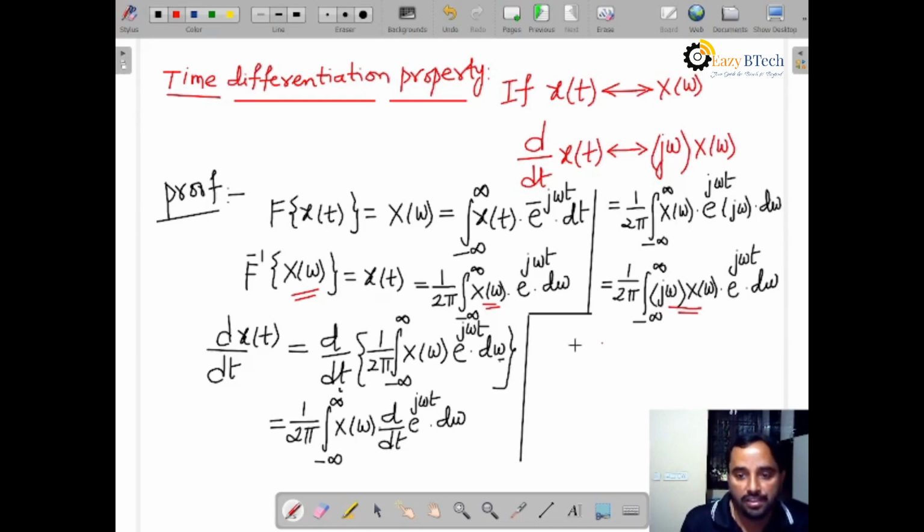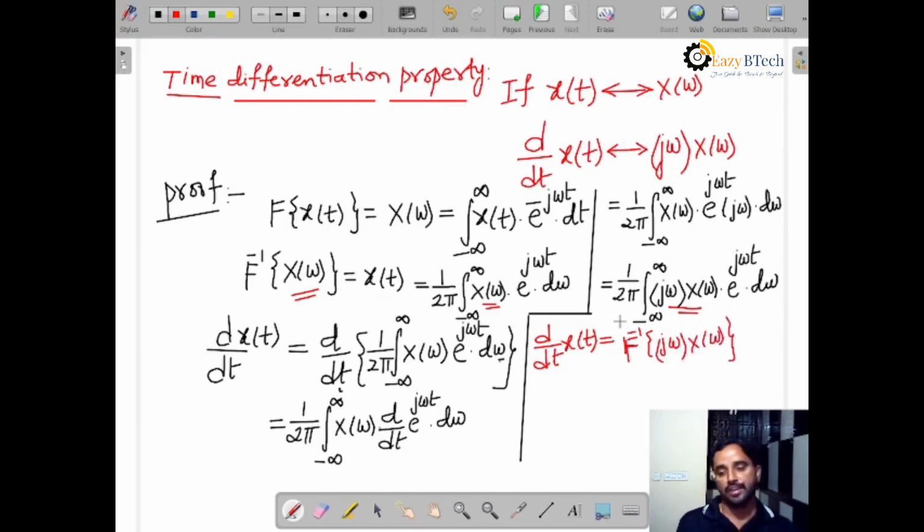So that is why I can write d by dt of x of t. d by dt of x of t is equal to the inverse Fourier transform of, whose inverse Fourier transform is it? j omega into X of omega, right or not? Just observe the inverse Fourier transform and the integral that we have. By comparing these two, we get the inverse Fourier transform of j omega into X of omega.